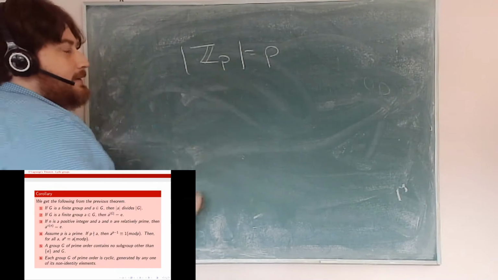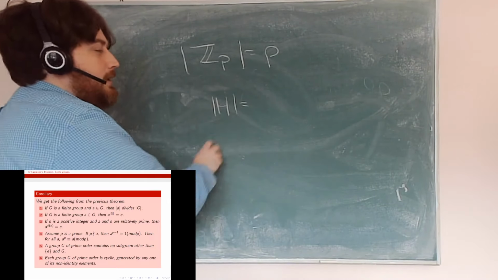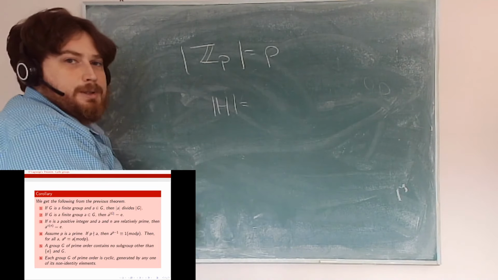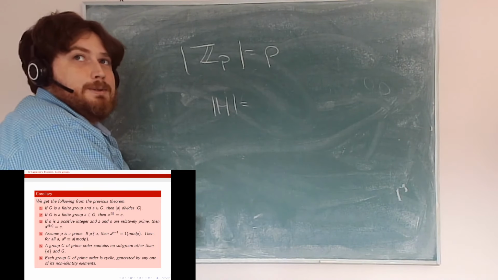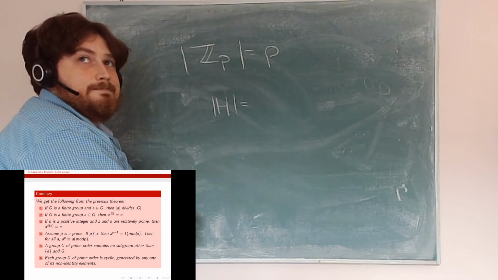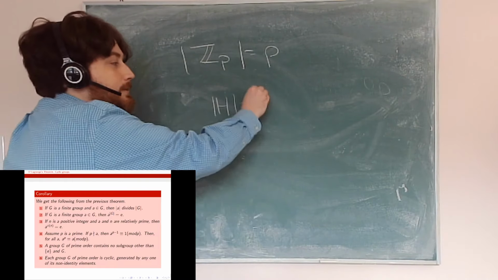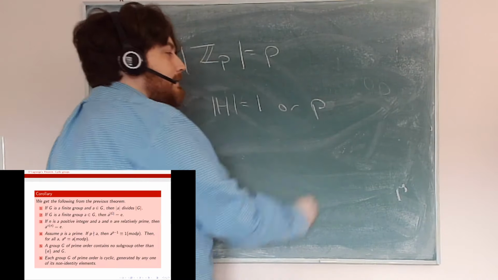I know that the cardinality of Z_p is equal to p, so if I have a subgroup H, what can the cardinality of H be for any subgroup of Z_p? It's either 1 or p.